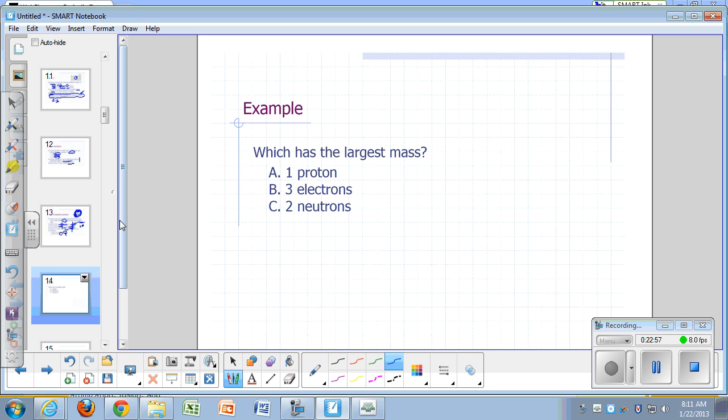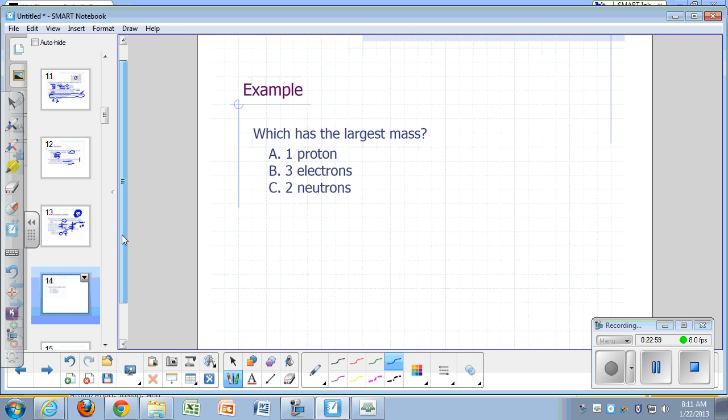All right, here's a clicker question. Which of these has the largest mass? 1 proton, 3 electrons, or 2 neutrons?